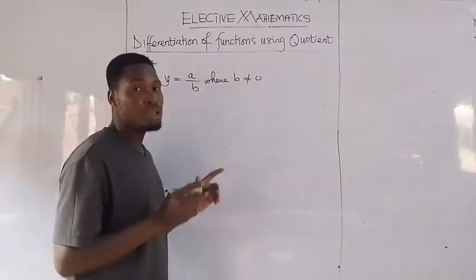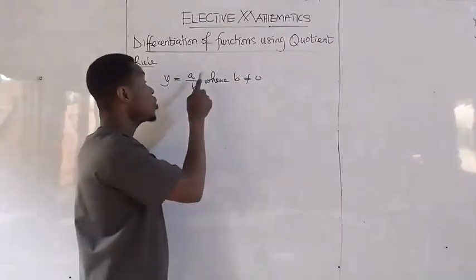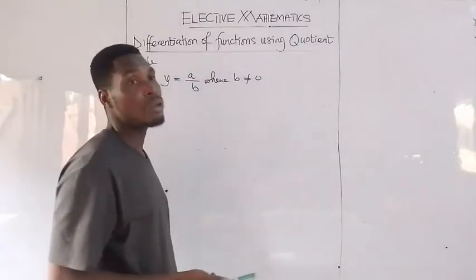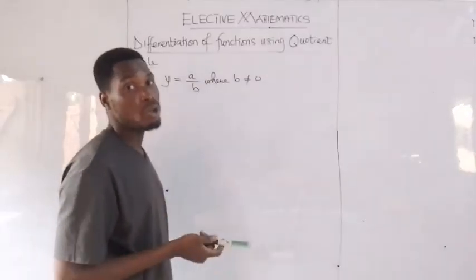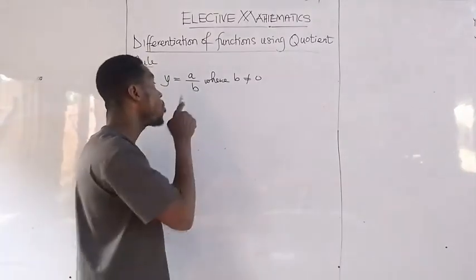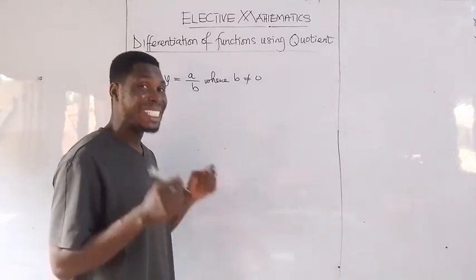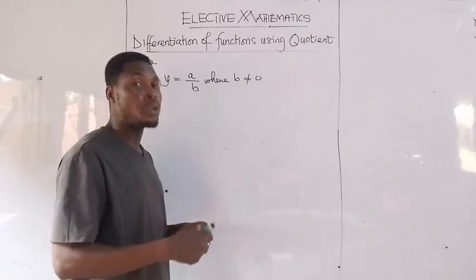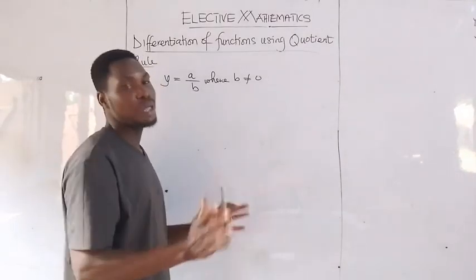The function at the top, we refer to it as the numerator, and the one at the bottom is the denominator. We let the numerator be equal to u, and the denominator be equal to v. Then we continue with our differentiation.